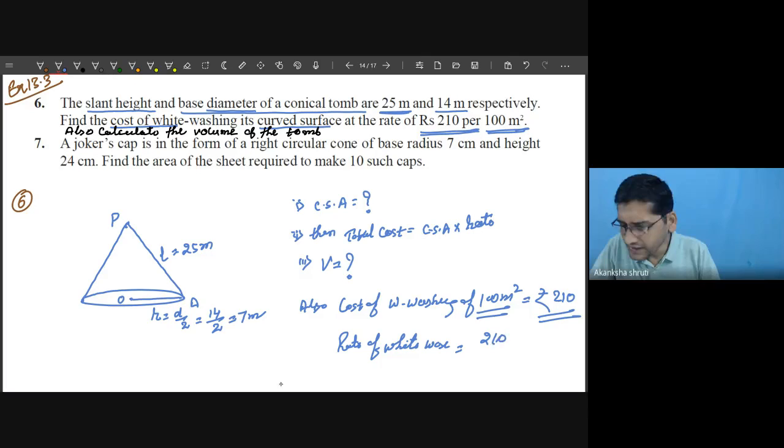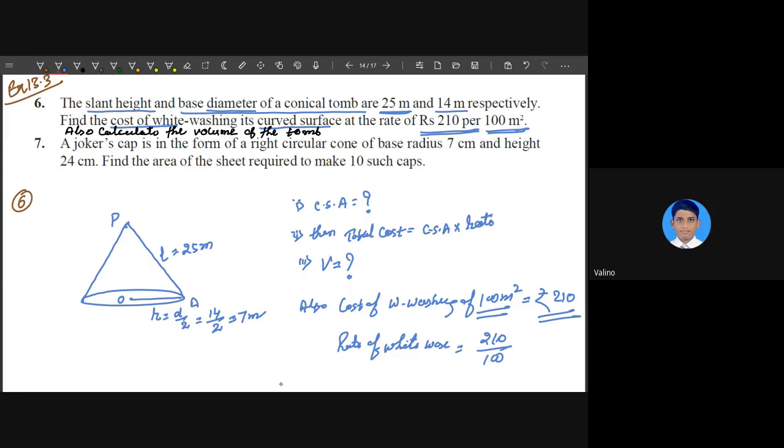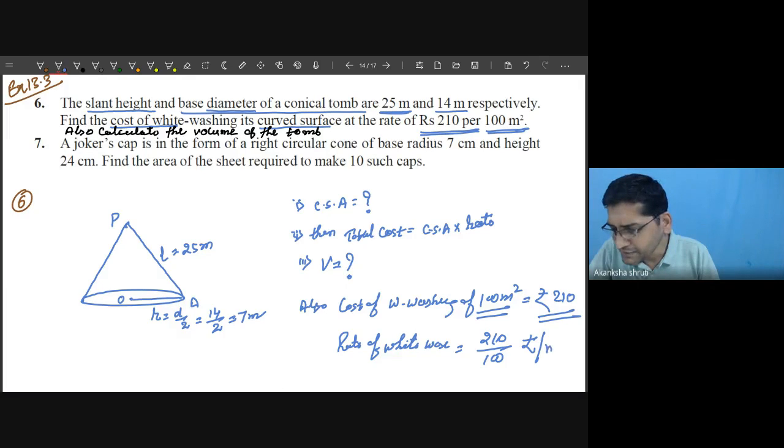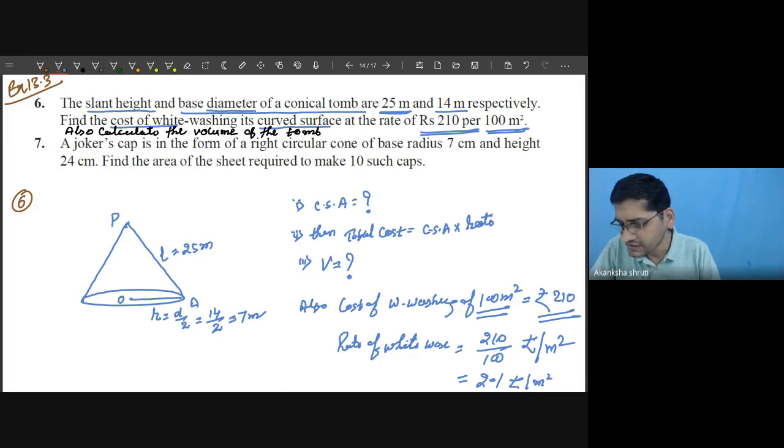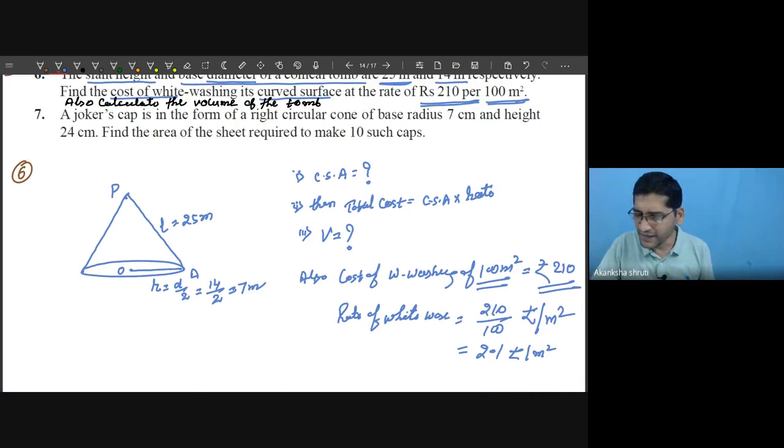So it will be 210 divided by 100 rupees per meter square, or you may write this as 2.1 rupees per meter square. This rate has to be multiplied with the curved surface area to calculate the total cost. Even this rate is calculated by considering the surface area given and the rupees for that.